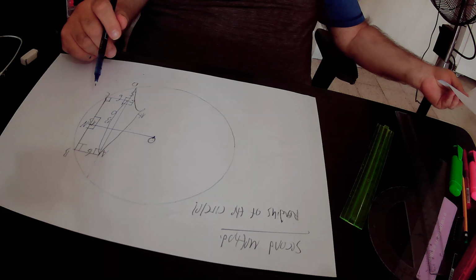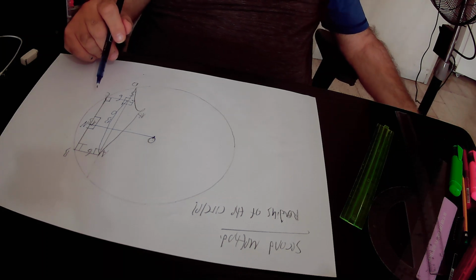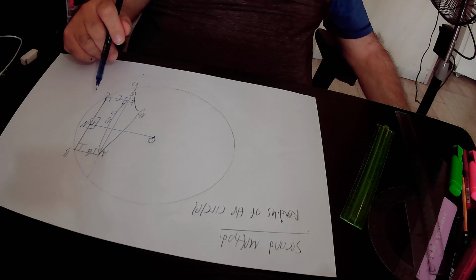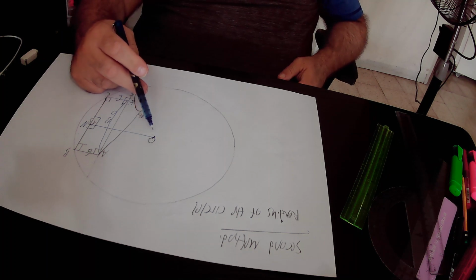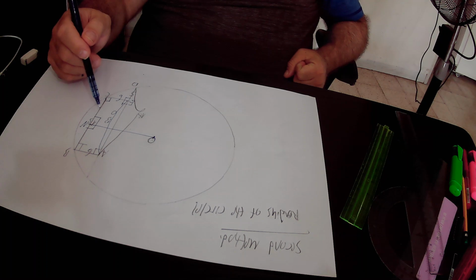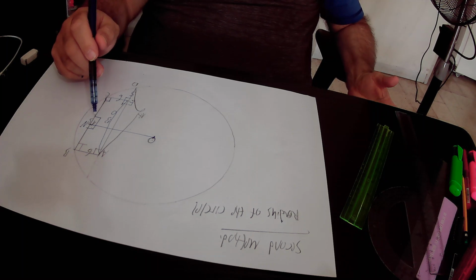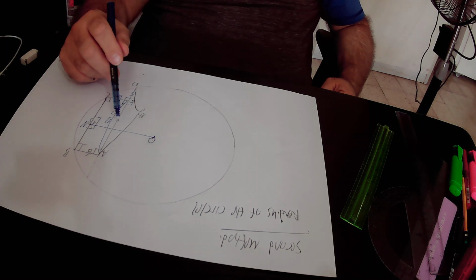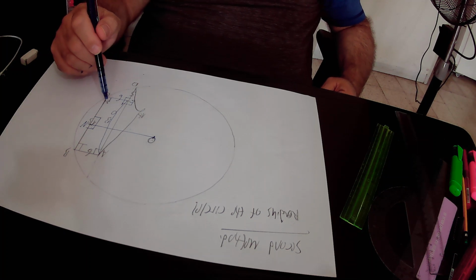So we can implement rule number 2 in our drawing. Why? Because in our drawing, from point O, the center of this circle, we drew a perpendicular on chord BC. It is perpendicular because this angle equals 90 degrees and this angle equals 90 degrees, according to our construction. So ON bisects BC according to rule number 2.